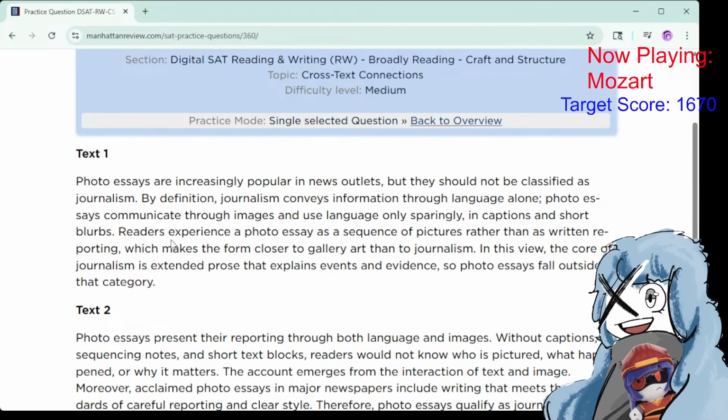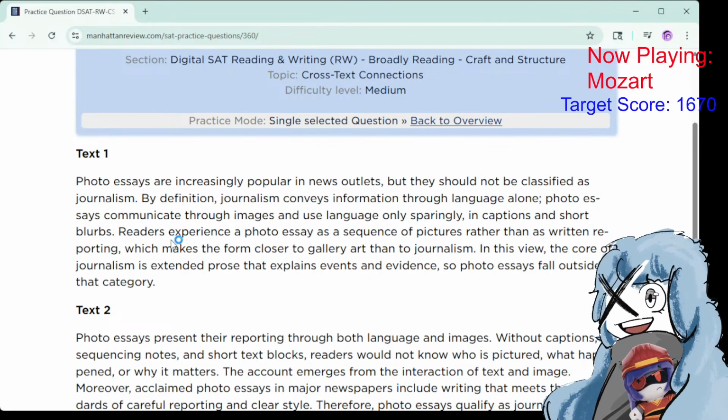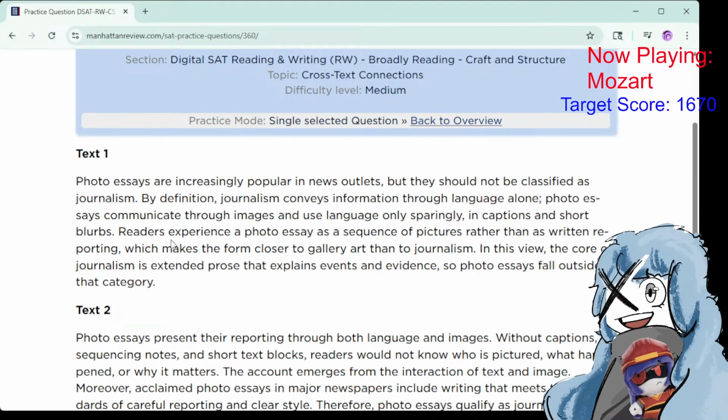I largely disagree, because journalism is all about reporting information. As long as information is reported, that's what journalism is.